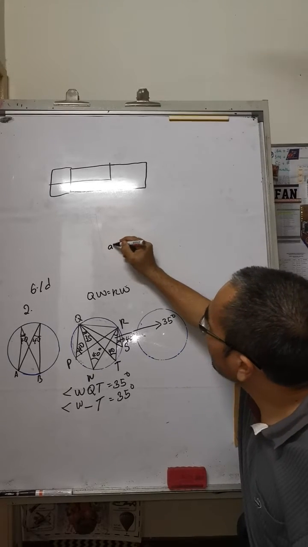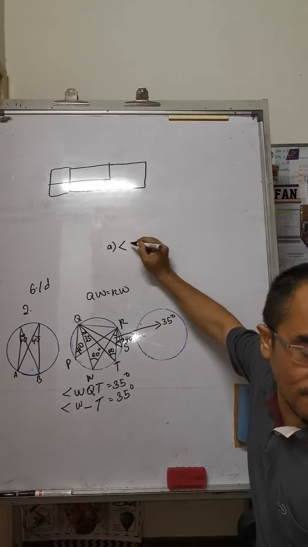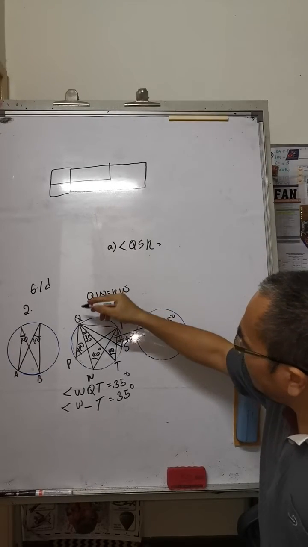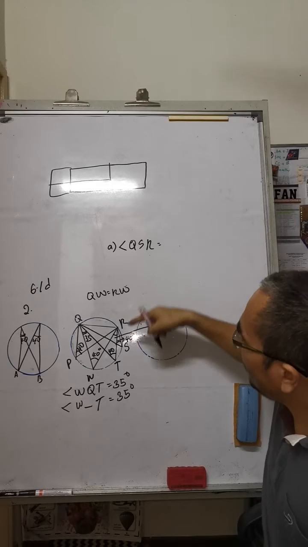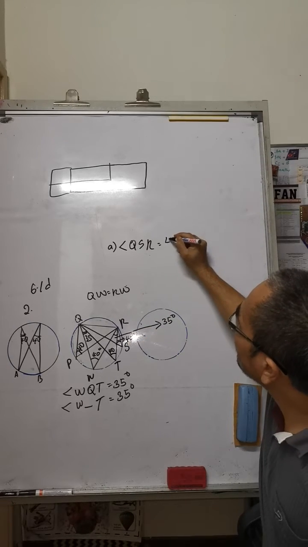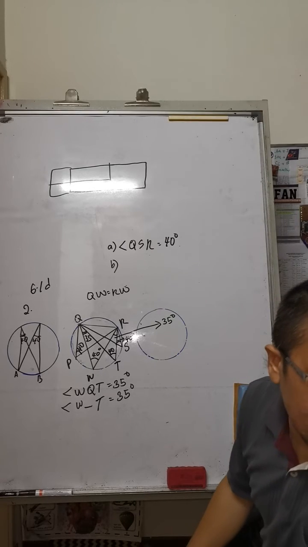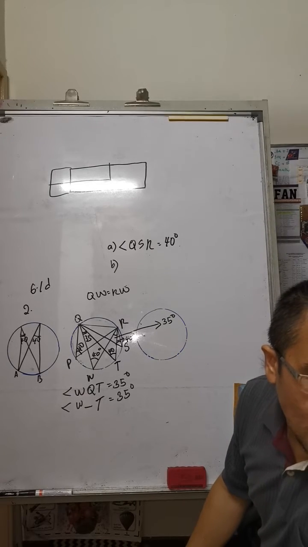Okay, so now I'm looking at the question. So A is, what is the angle for QSR? Oh, actually we have got it. So it's 40 degrees. B, WQT.